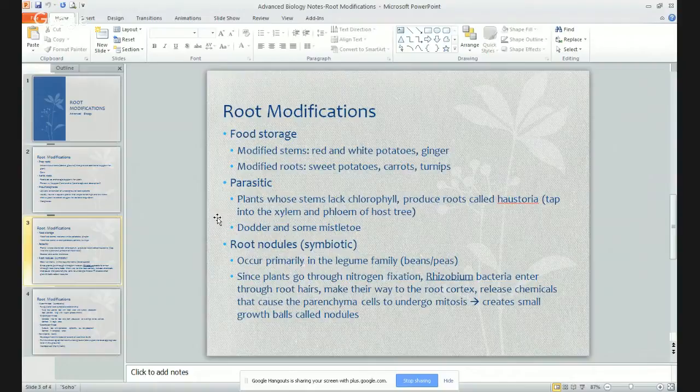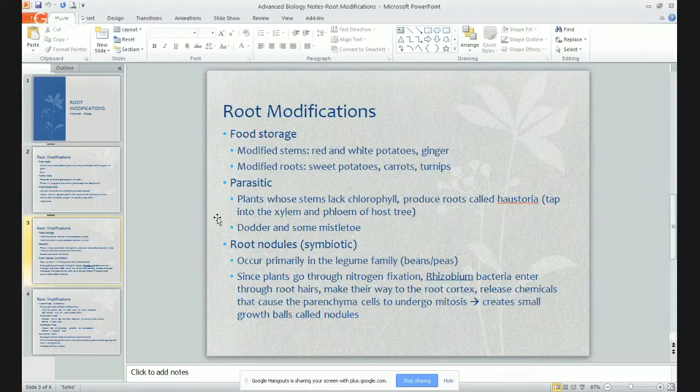You can also have root modifications that allow your plants to be parasitic. There are some plants which lack chlorophyll, and so they produce these roots called haustoria, which then burrow into the host plant.